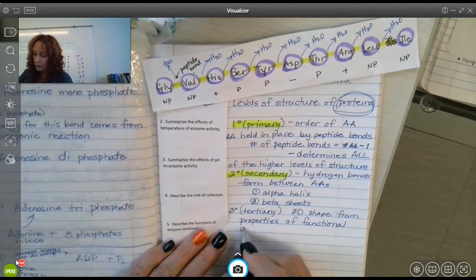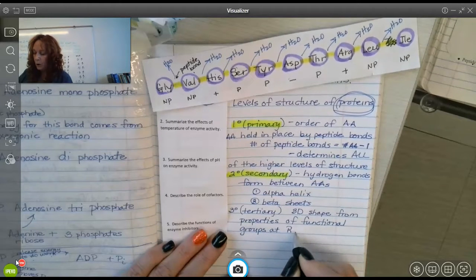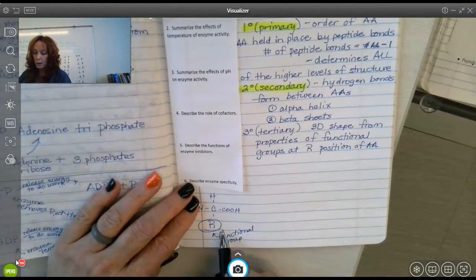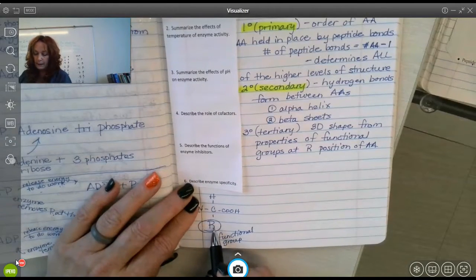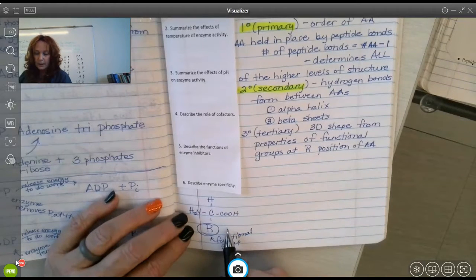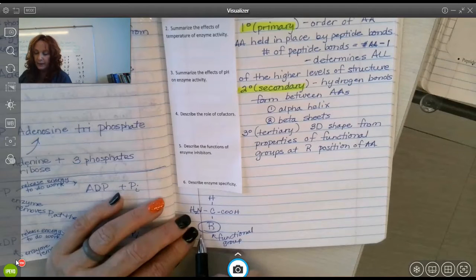So of the functional groups at the R position, those were the ones that varied in the amino acids. So down here, all of these groups, that's what gives this amino acid its characteristics, and that's how we know which one it is. It can go from being something as simple as one methyl group to a whole bunch of things, including rings, down through here.